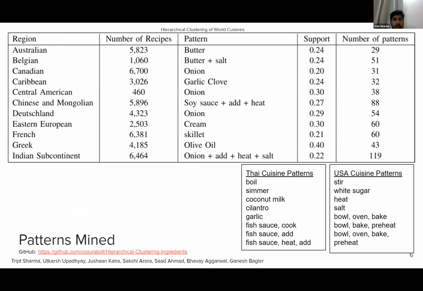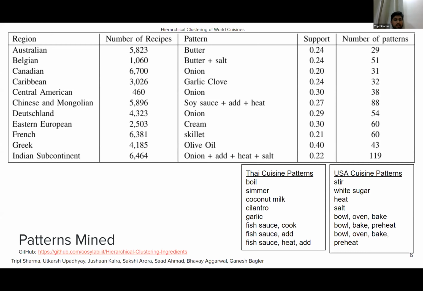However, here these transactions translate to the recipes that are present in a cuisine, and the items refer to the ingredients, processes, and utensils of the recipes. And we have set the minimum threshold to 0.2, which is 20% of all the recipes in a given cuisine.